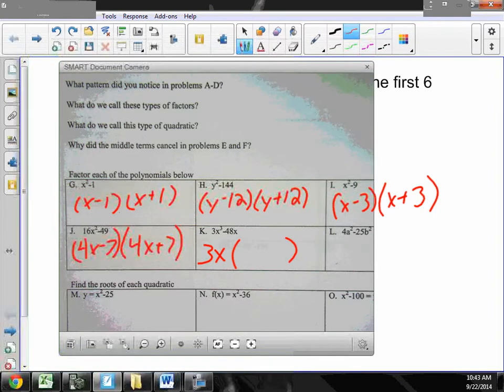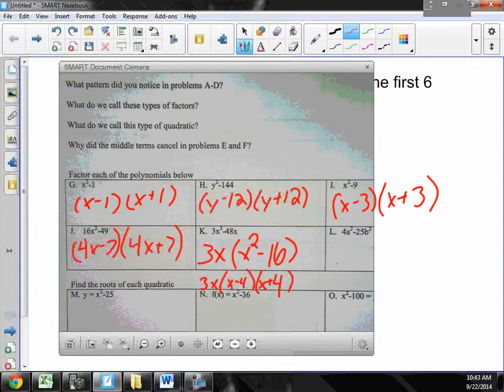If I pull out a 3x, what's left? X squared minus 16. Now this is a difference of perfect squares. So how would I factor x squared minus 16? X minus 4 and x plus 4. Okay.